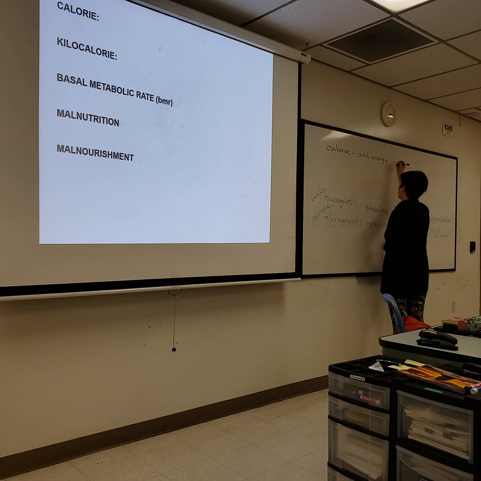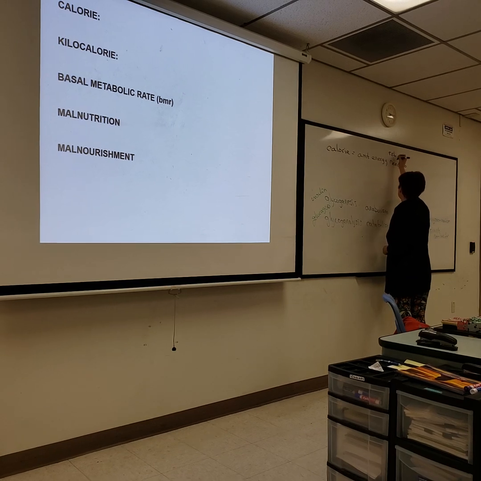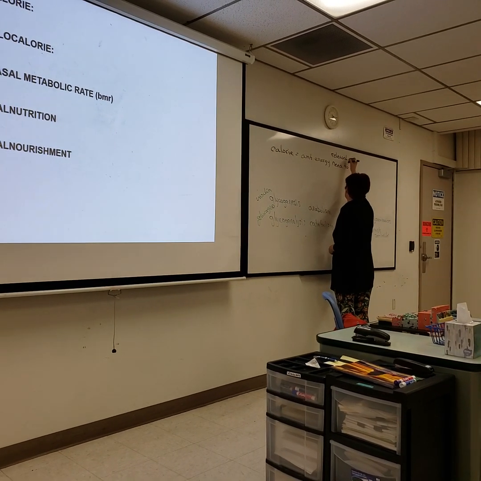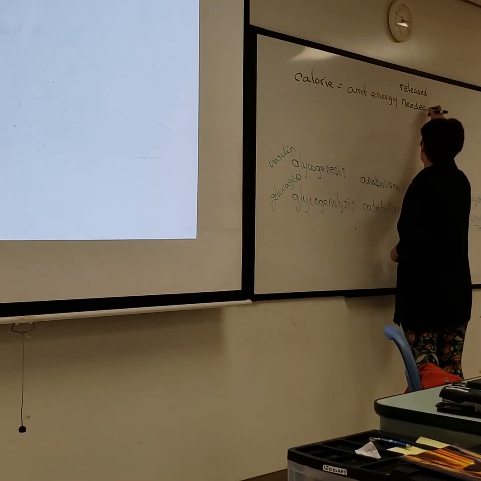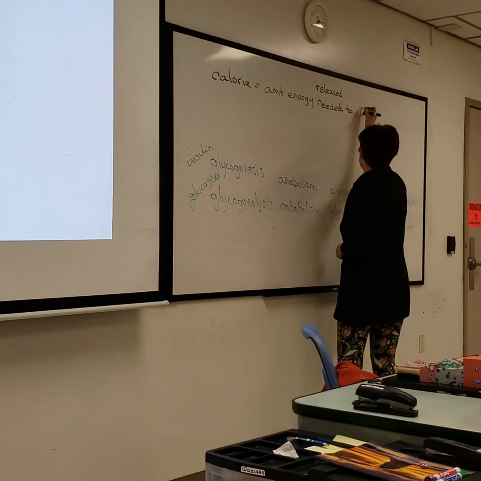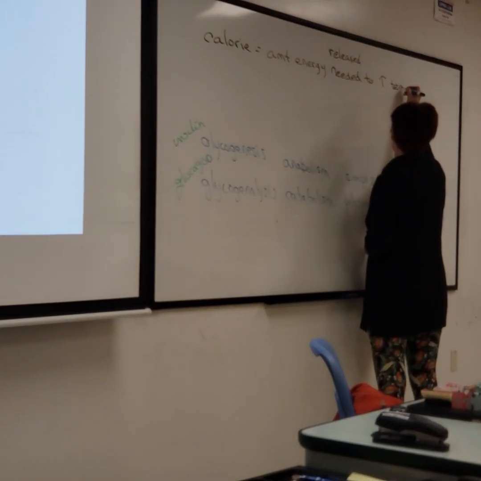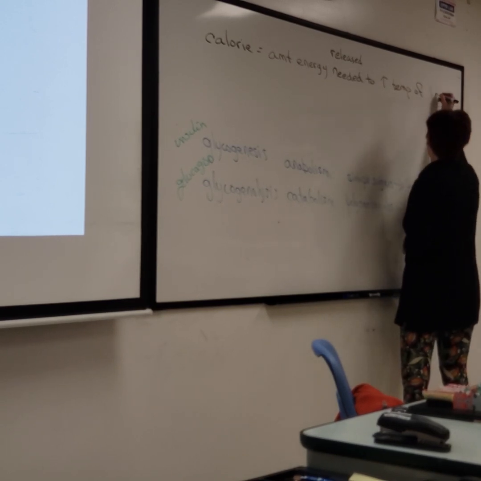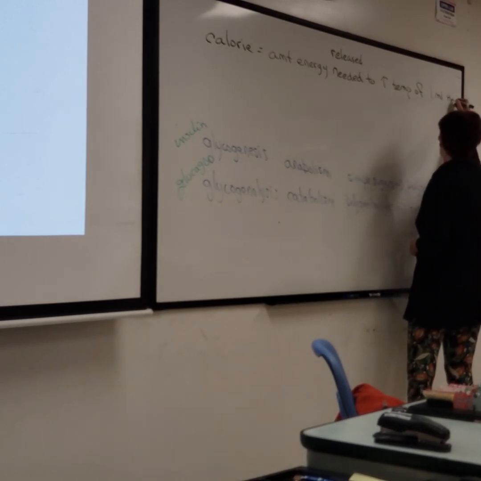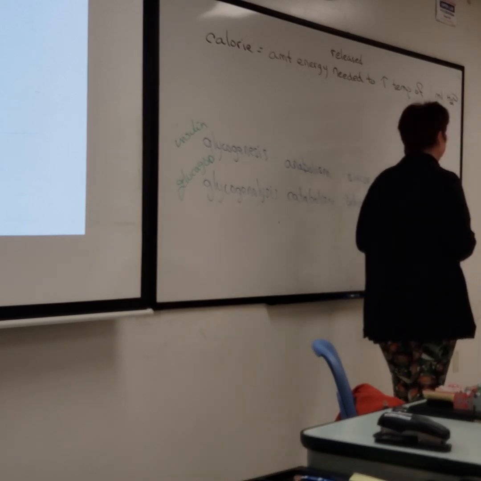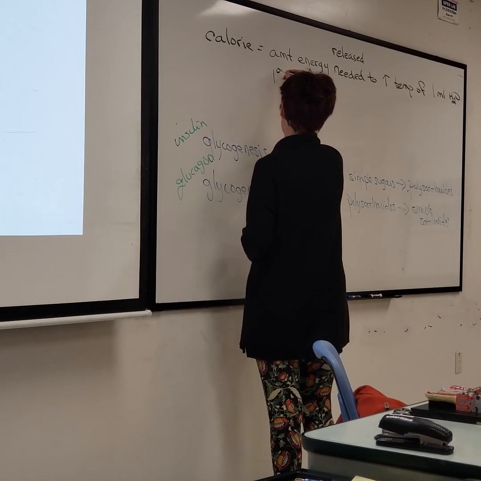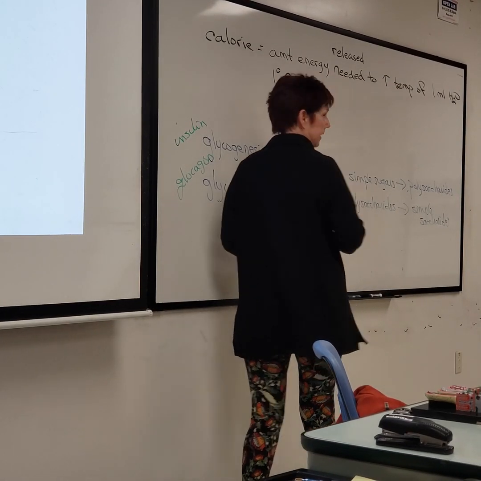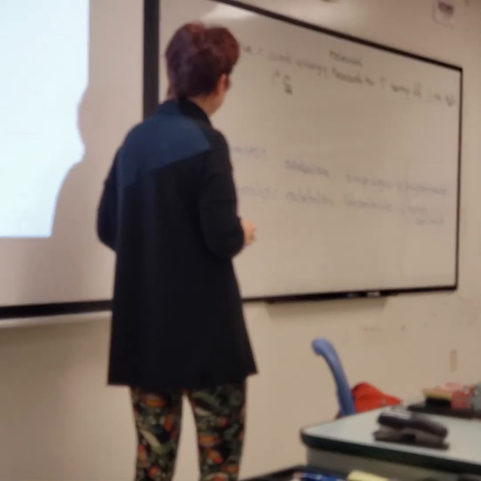So the amount of energy needed or released to increase the temperature of 1 mil of water, that's a cubic centimeter, by 1 degree Celsius. Okay?